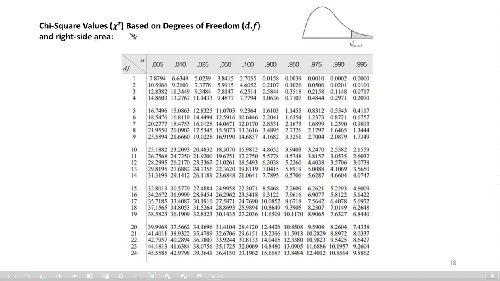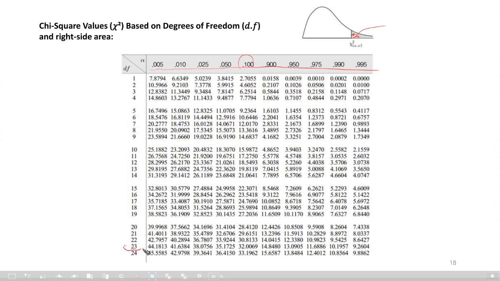You can see that in the appendix of a statistics textbook. This area is like this. There are about ten values for the degrees of freedom here.